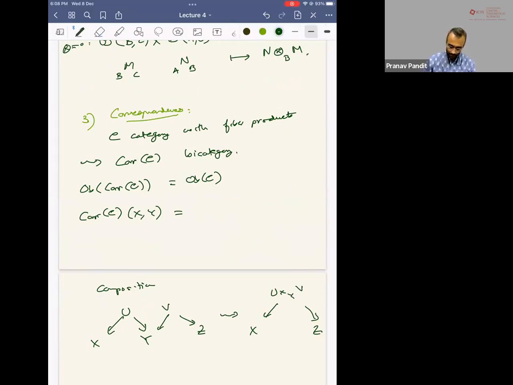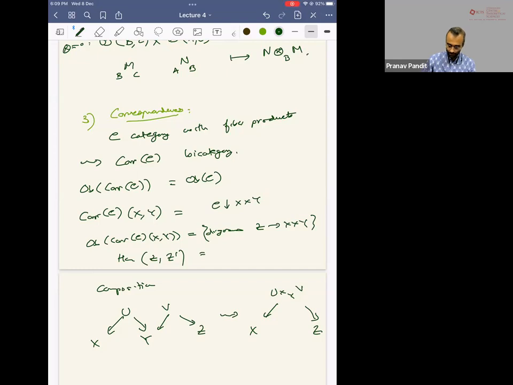This is a category correspondence of C, X to Y, and it's the category C over X cross Y. So the objects of this category are diagrams Z to X cross Y, and Hom from Z to Z prime, where Z and Z prime are such diagrams, is, well, it's what you think it is.